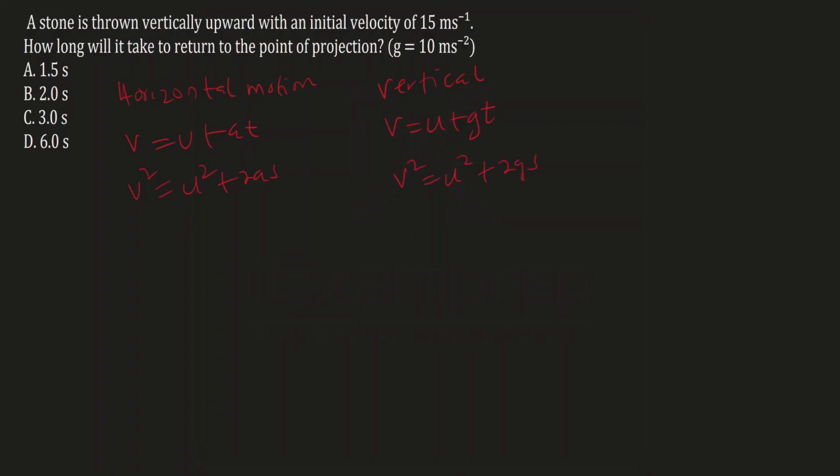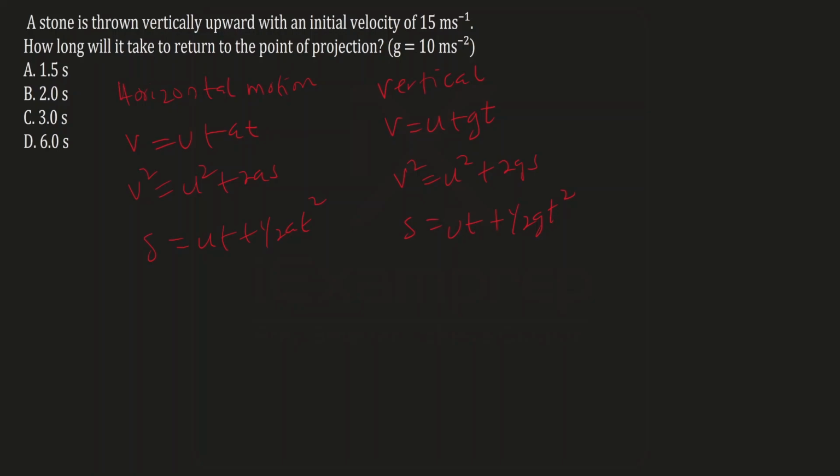And for horizontal motion, where we have s equals ut plus half at squared, in a vertical motion, it will be s equals ut plus half gt squared, because the acceleration of a vertical motion is known as acceleration due to gravity, which has a value of about 10 meters per second squared.